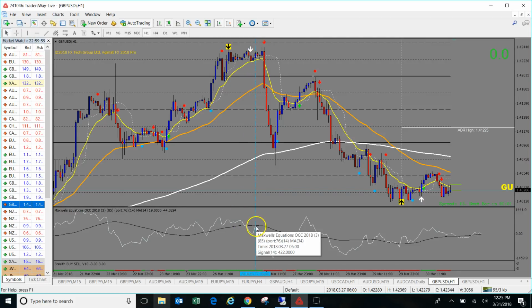And you can see with the Maxwell, it's showing a drop. A lot of people are not paying attention to this little baseline here, and I think that is a big key. People are just looking for the lines to go up or down and just going off of that.